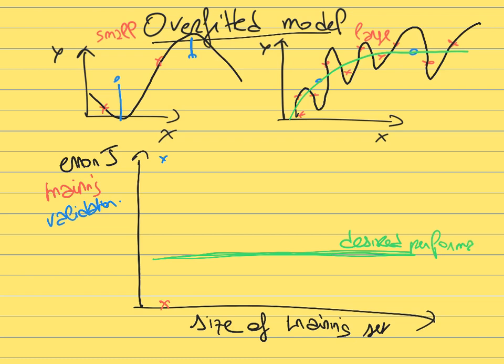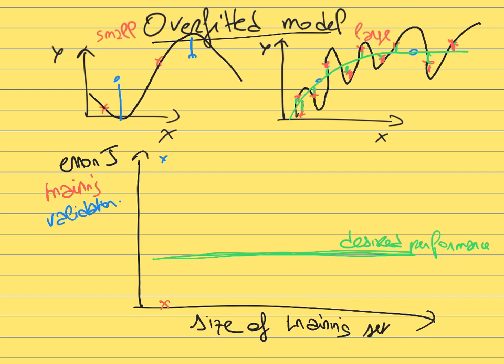Now if you look at the error that you are making for your training set, you would be expecting, just because there is some variability in your data, a certain error. But actually what you find is that when you look at the difference between your data and your black model, the error of your model is much smaller than your desired error.